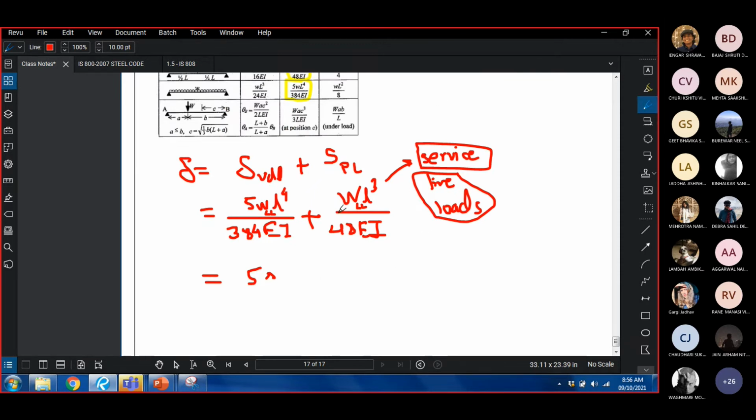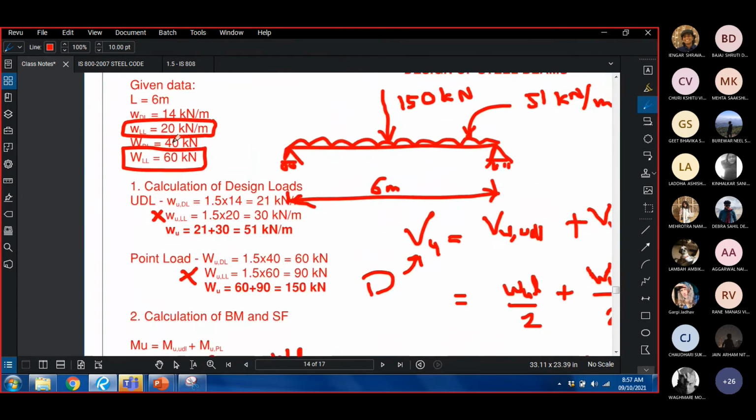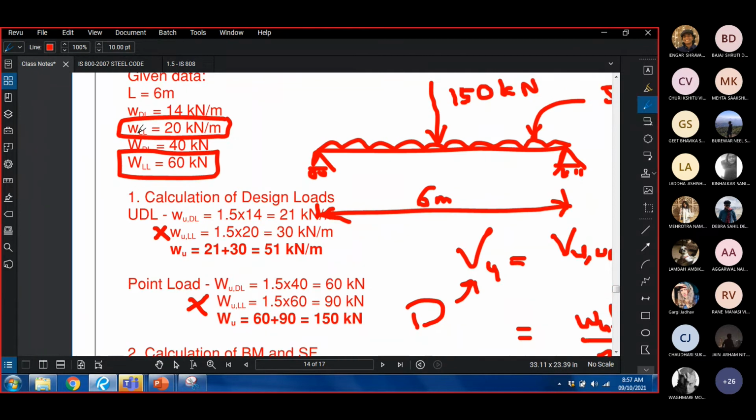Service live loads. So if I go back to the page of given data, we'll see that these are our service live loads. wLL of 20 kilonewton per meter and the capital W, which is a point load of 60 kilonewton. See, these are service live loads. Do not use these values. These are our factored values. We are interested in deflection in working conditions.